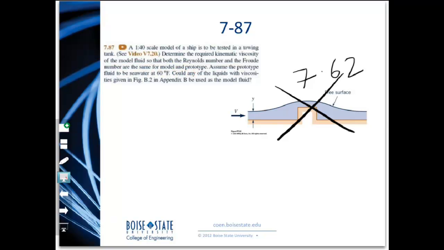We have done a similar thing in the previous examples, but we have one less parameter or non-dimensional number in this case. You're asked to assume the prototype fluid to be seawater at 60 F, and to investigate if any of the liquids with viscosities given in your figure B2 in the appendix can be used as the model fluid.